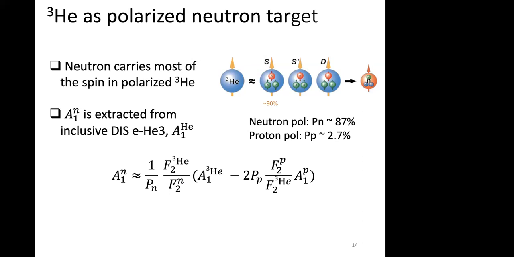So the traditional way to measure the neutron spin structure, the neutron asymmetry A1, is that we do the measurement of the A1 asymmetry on helium-3 using DIS inclusive events. And after we obtain the A1 asymmetry from helium-3, we will extract the A1n information. The formula I'm showing here is a very simple approximation to show how A1n and A1 helium-3 are related to each other.